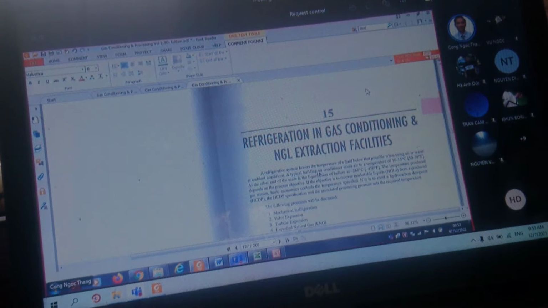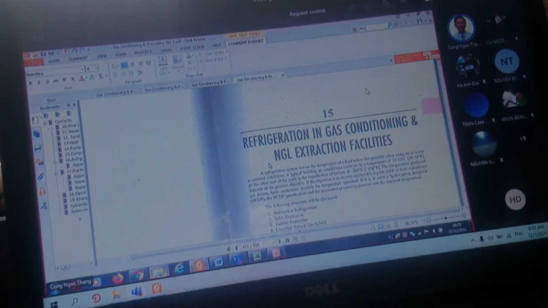But in the newer version, the 9th edition, it is chapter 15. As you can see here, for the older version, it's chapter 16.